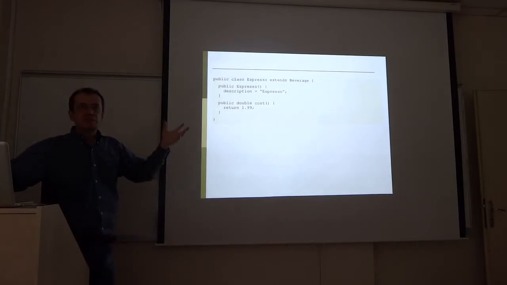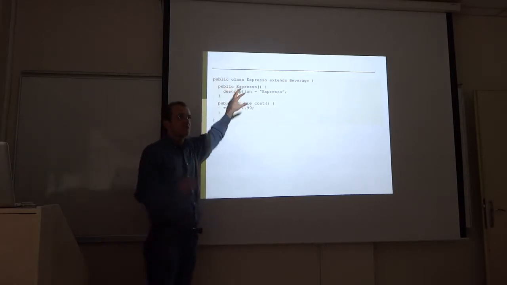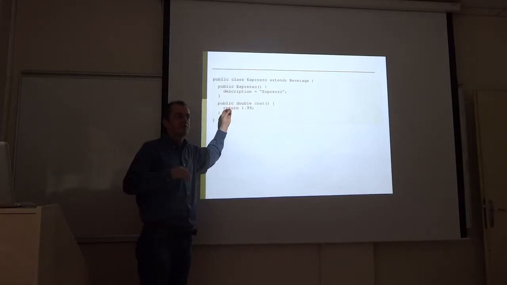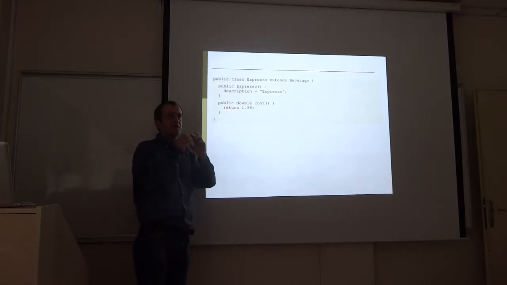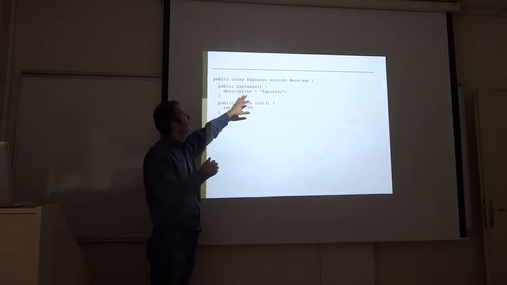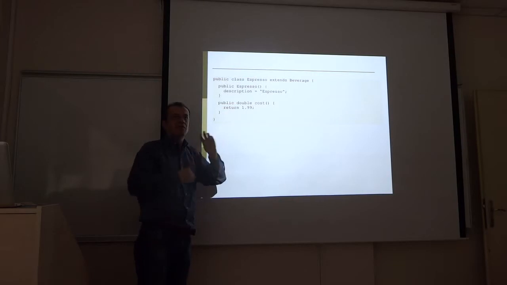Like this is the base. So there is no condiment that I need when I create this class, this object. I'm not passing it another beverage. I just created this, this is the base.